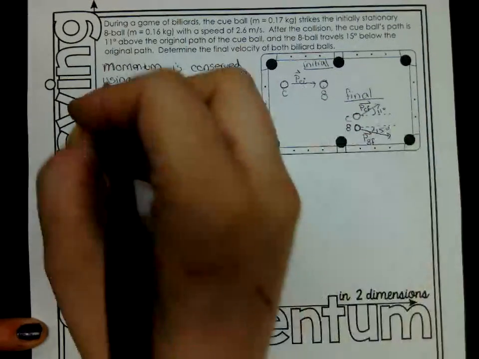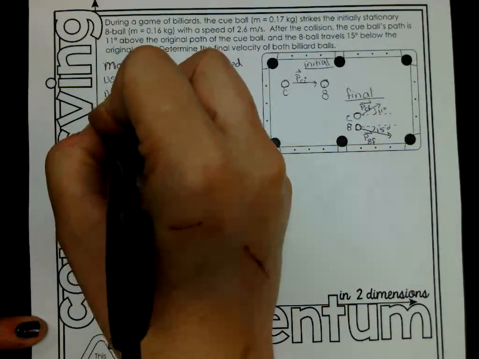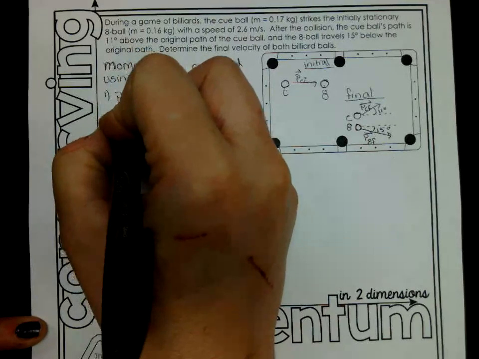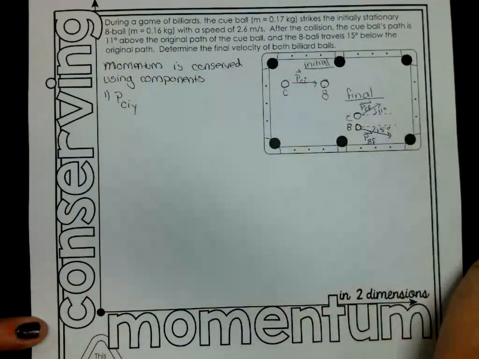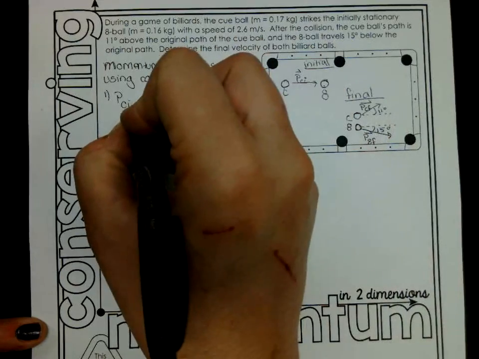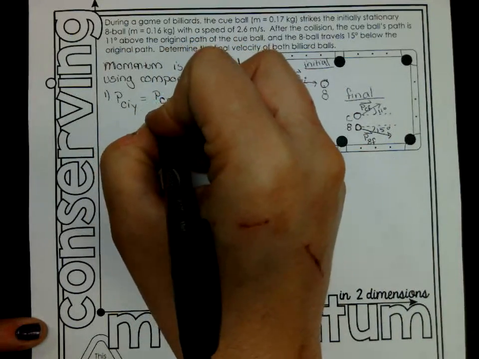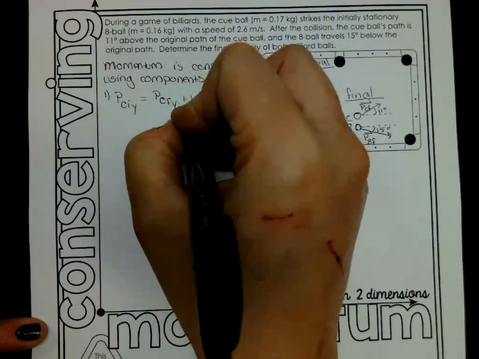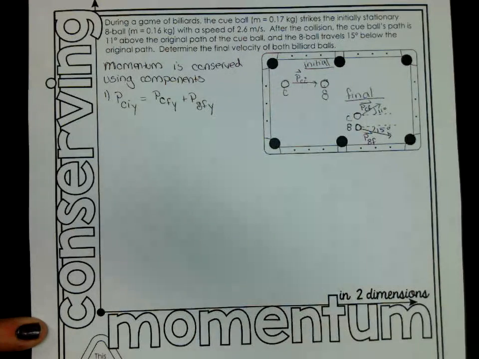So we can say without a doubt, because of the law of conservation of momentum, that the momentum of the cue ball initial y, because it only has a y component here, is equal to the momentum of the cue ball final y plus the momentum of the 8 ball final y.